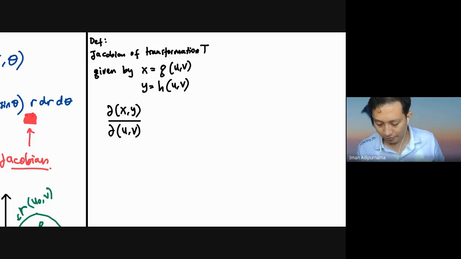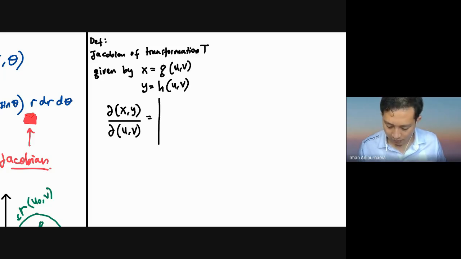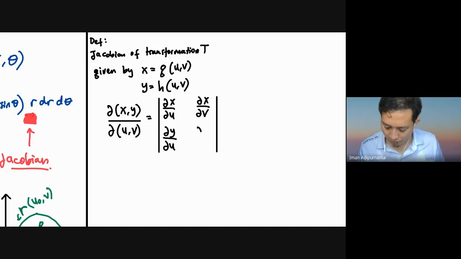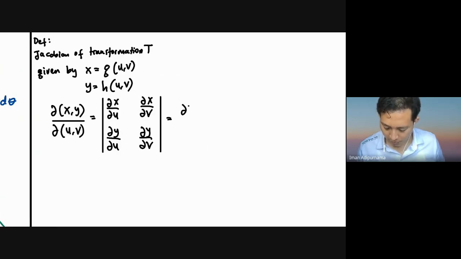So meaning this is the transformation from xy to uv, okay? And then by the formula that we have right before in the previous slide, you can write this as dou x, dou u, dou x, dou v, dou y, dou u, dou y, dou v. Or you can solve this by calculating the determinant.